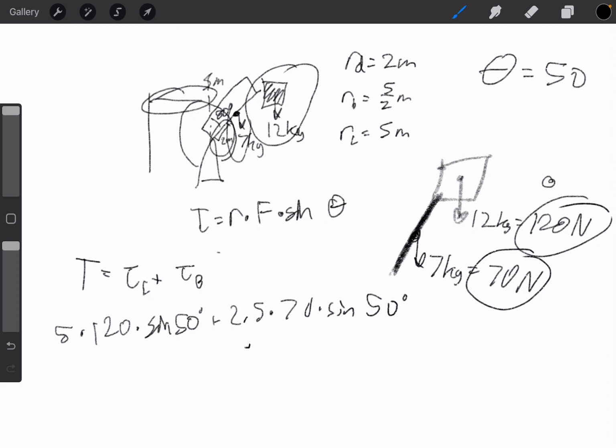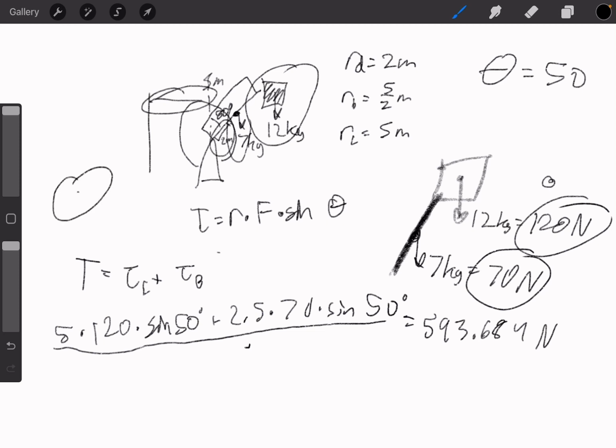So make sure you're in degrees mode when you're working with degrees, especially if you're taking calculus at the same time you're taking physics with calculus, I suppose. So this whole expression should eventually equal 593.684 newtons.